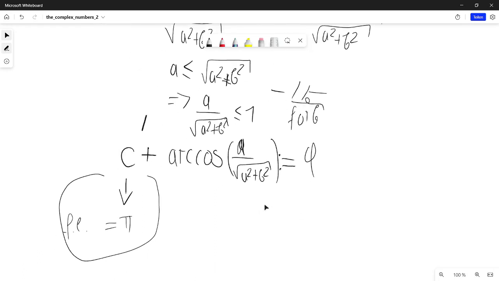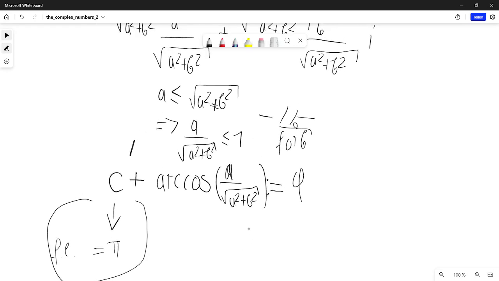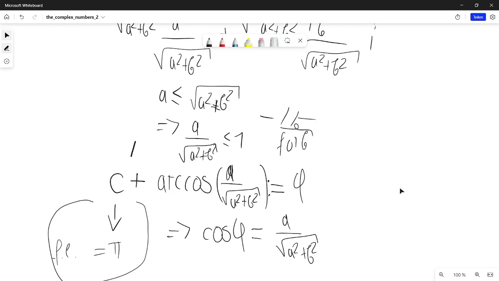And so of course, just by definition, cosine phi would be equal to taking such an angle that is suitable for our position and simultaneously satisfies this. Right.